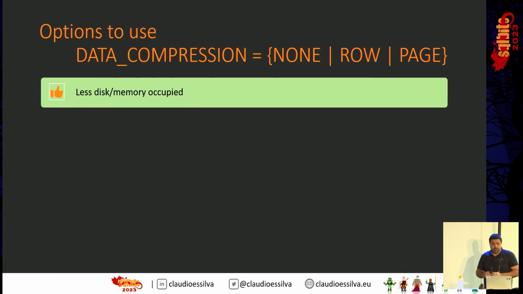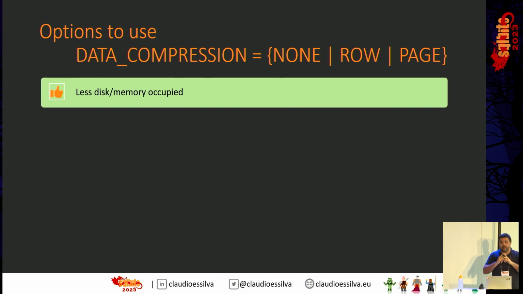is also something to keep in mind, because whenever we compress the data, what we are saying is that we can fit more data in the same page, right? Meaning that in the end, we have fewer pages to get all the data that we need. And that will have an impact not only on the disk, because the data will be compressed there, but also when SQL Server picks the page from the disk and puts it in memory, it remains compressed in memory.